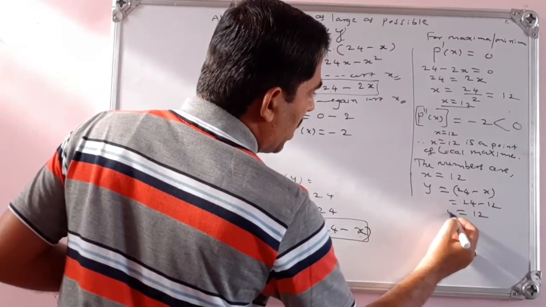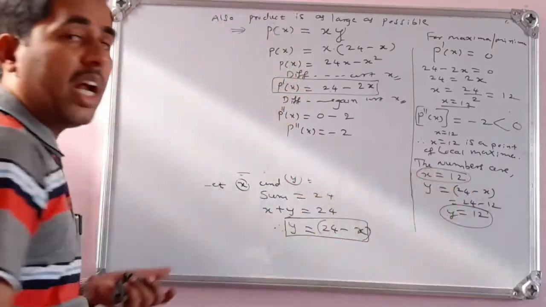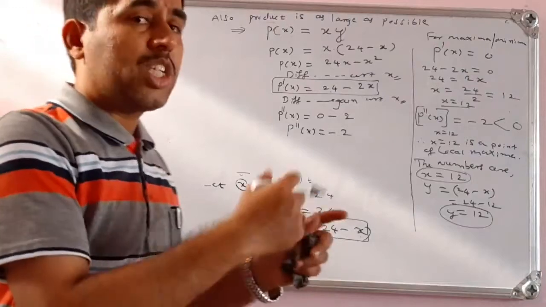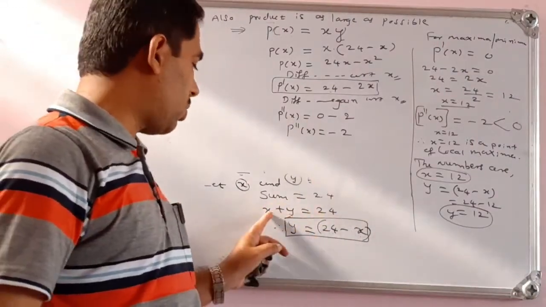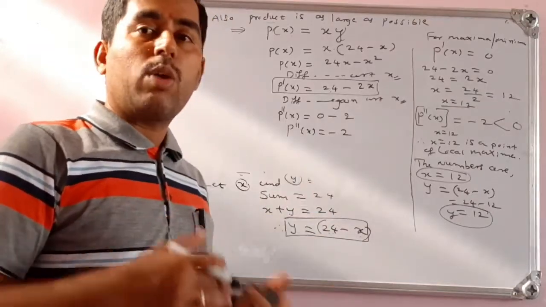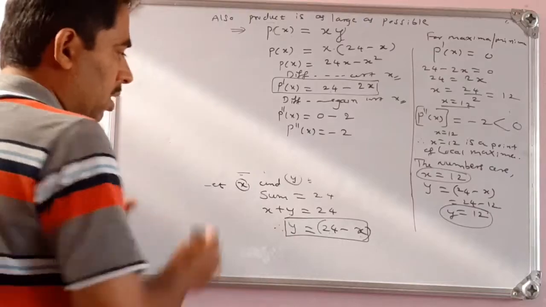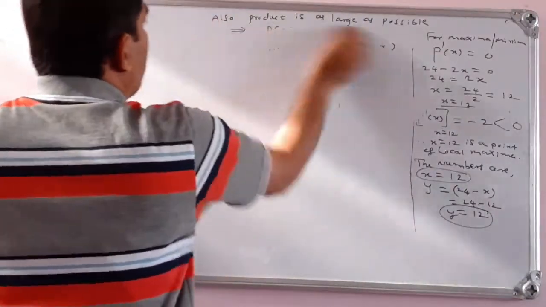So the required numbers are 12 and 12. 12 plus 12, the sum is 24, as given in the beginning. The product is as large as possible: 12 into 12 gives 144. So that is the problem. In this way, we can make use of the second derivative test for these problems.